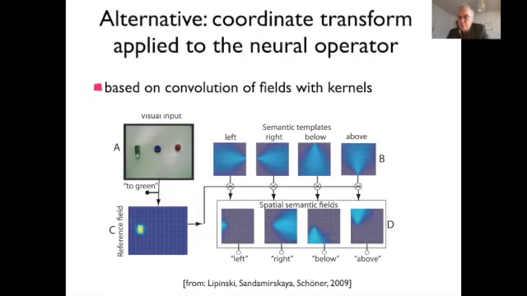I wanted to point out that we transformed everything to be centered on the reference object, and everything meaning the potential targets. Actually, in a moment we'll see that we can have multiple candidate targets transformed. One could, in principle, also just transform the synaptic fields themselves through a convolutional technique. That's a bit different from what I showed in the lectures. This was our original model, actually, that Julian Sandomierska developed.